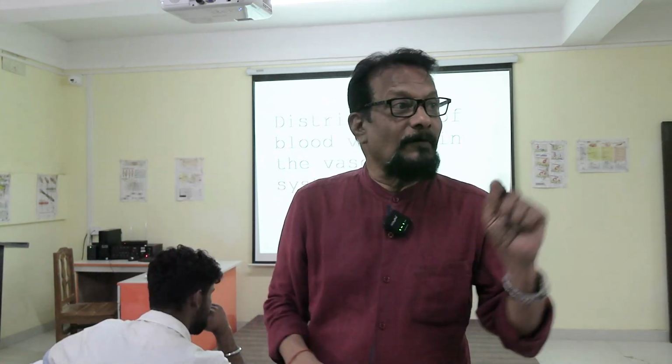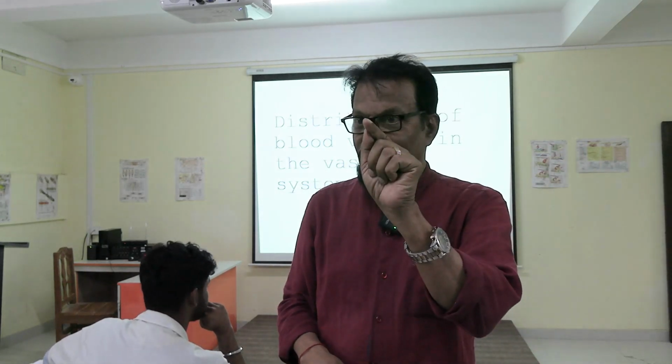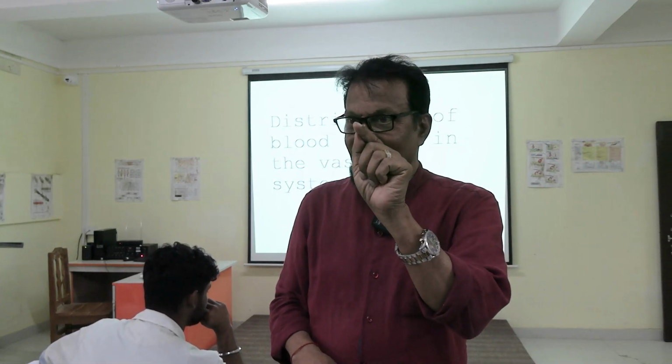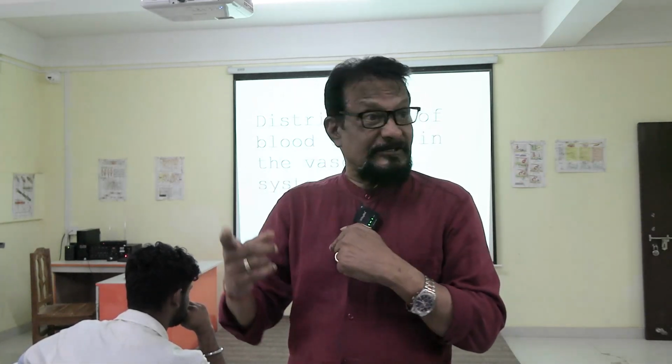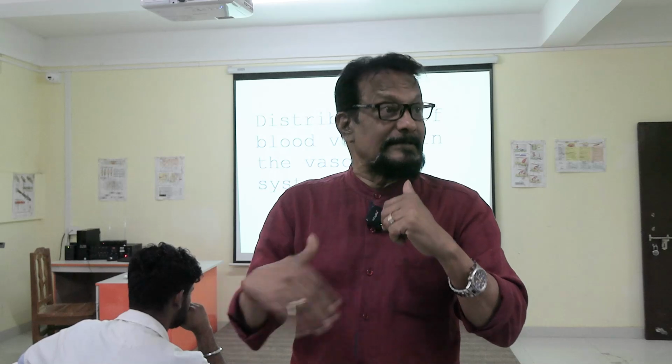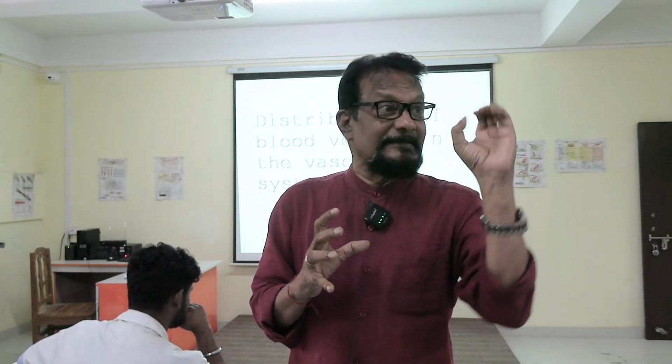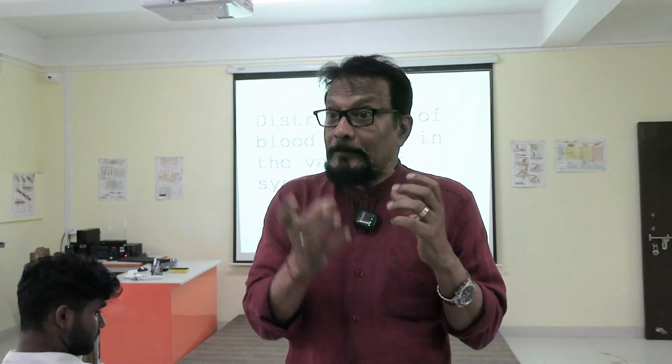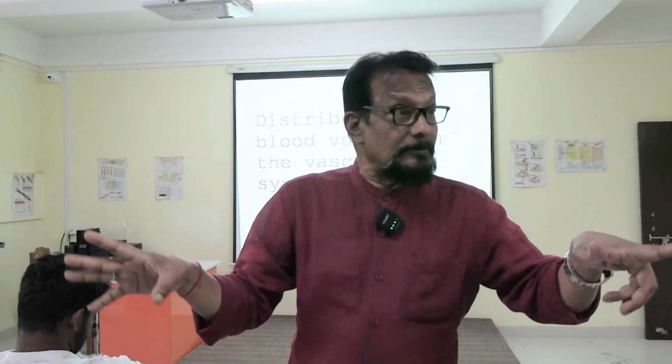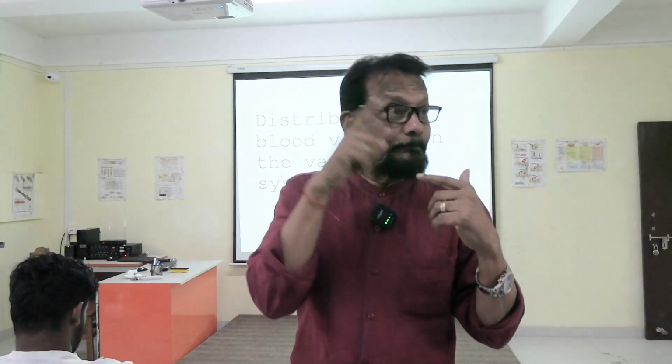When there is hemorrhage, initially blood will drain from these veins. Then immediately, through reflex action or some mechanisms, they will contract these veins, so that a lot of blood comes out. I have to manage the circulation, that's why I need blood.